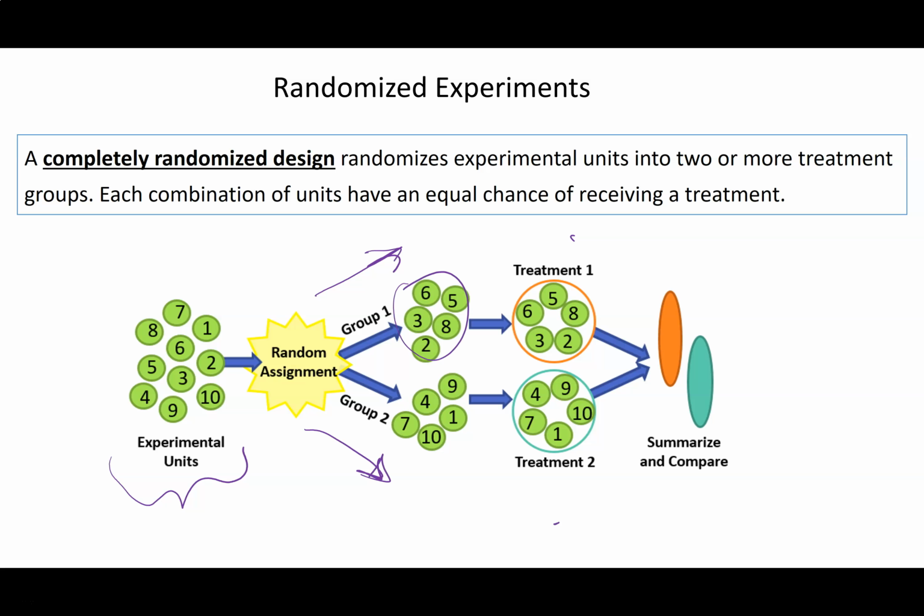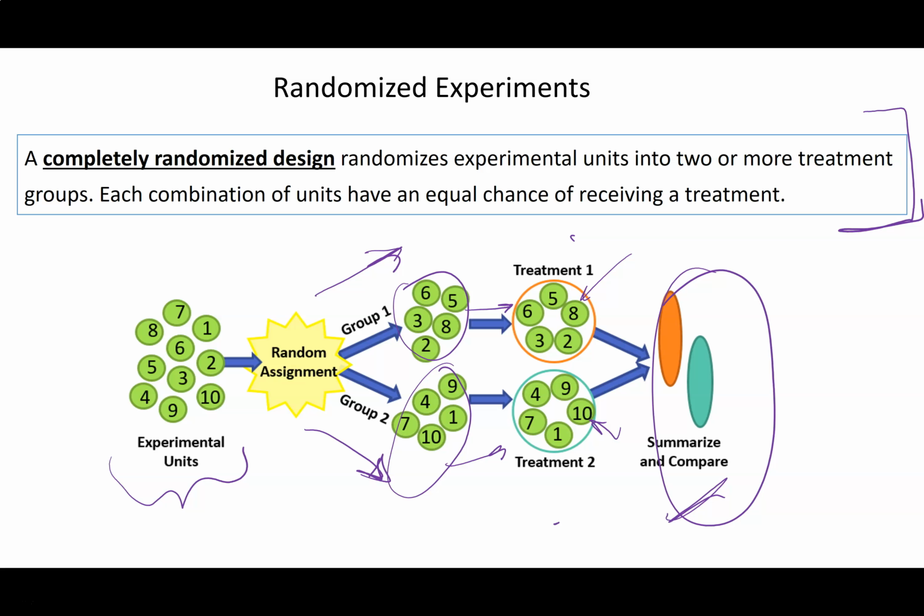So these 5 that ended up in group 1, that's my treatment 1 group. These 5 that are in group 2, that's my treatment 2 group. So then I'll go ahead, I'll apply the treatment and record whatever the response variable is. Then you compare. So summarize and compare is just compare the results in the two groups.